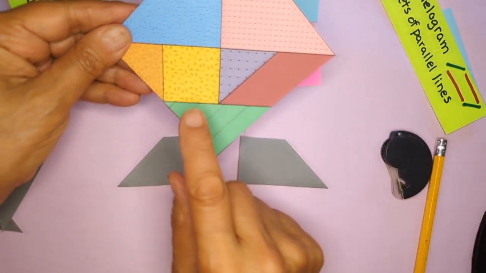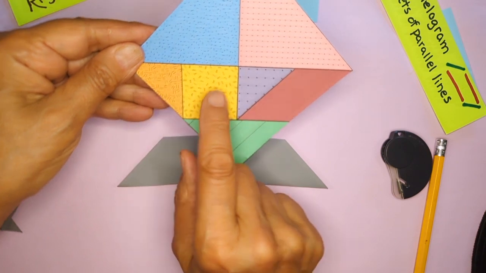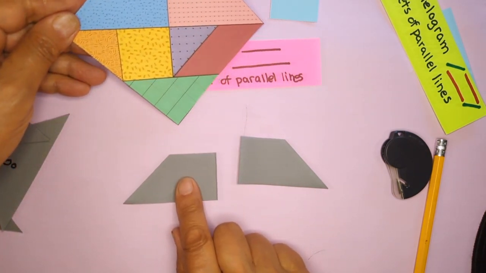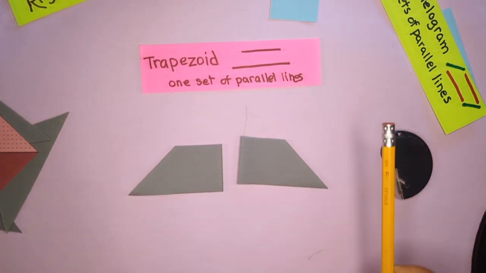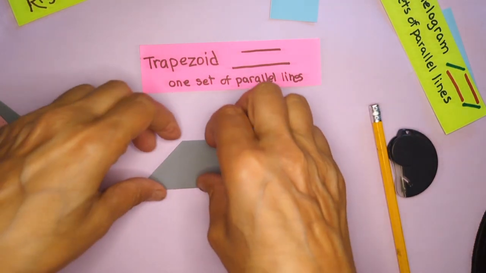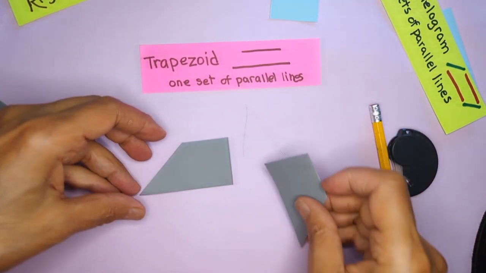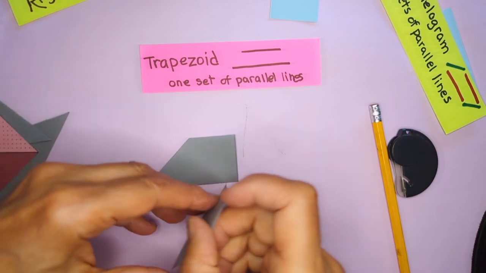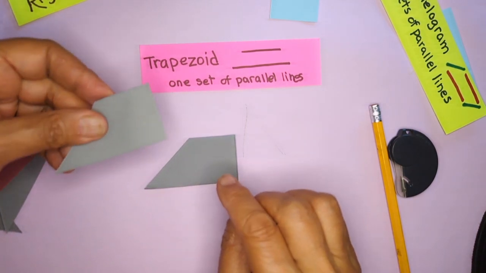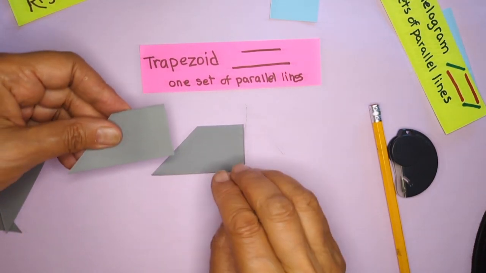We're looking for a triangle and a square. So let's do that with this one. The way I'm going to do that is, I think this one I'm going to use the scissors for, because what I want to do is use this as a guide.